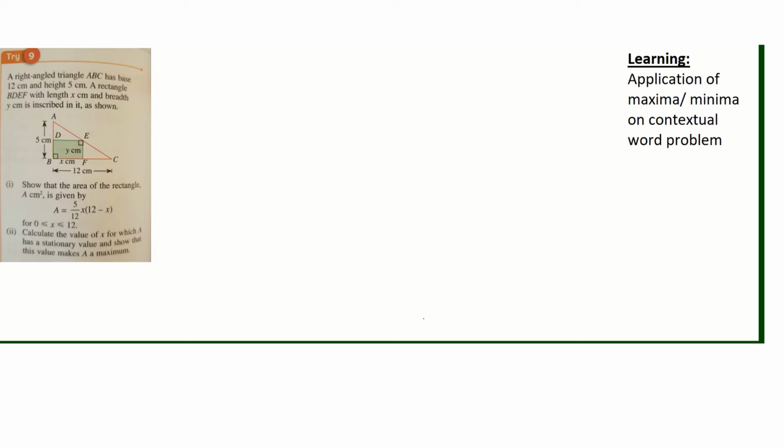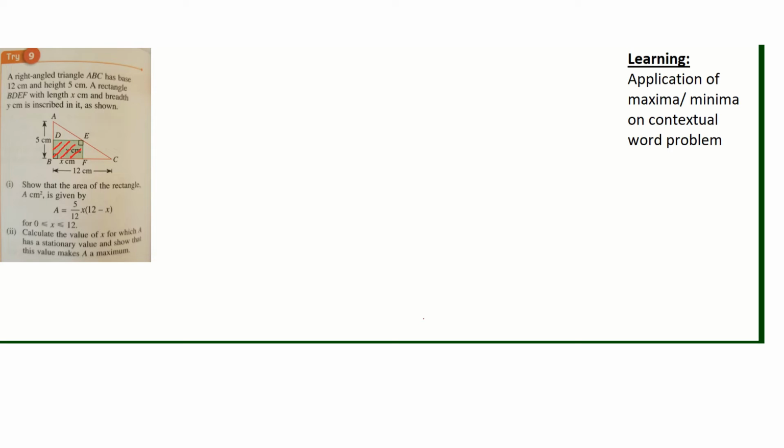Okay, so as we look at this question over here, Try 9, you have triangle ABC with a height of 5 cm and a base of 12 cm. And then you also have a rectangle, shaded in green here, that is inscribed inside the triangle. The rectangle measures x by y cm.